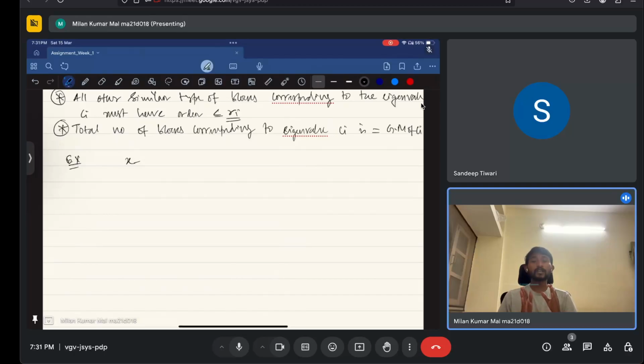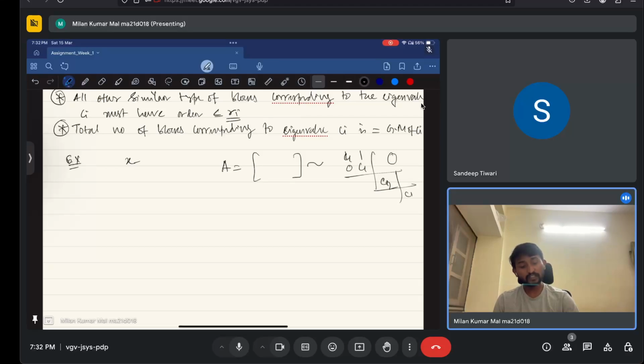Jordan canonical form is the simplest form of a matrix. For a matrix A, we may have a very absurd form, I mean every entry is 3, 4, there is no pattern. Jordan canonical form says that this matrix is similar to a Jordan canonical type of matrix, something like blocks C1, 1, 0, C1, then C2, C3, like this.